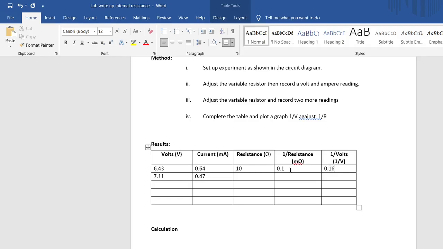You're going to complete that, and you're going to draw a graph of 1 over V versus 1 over R.